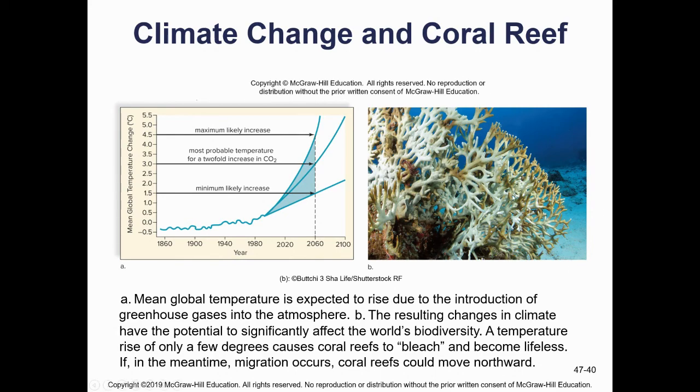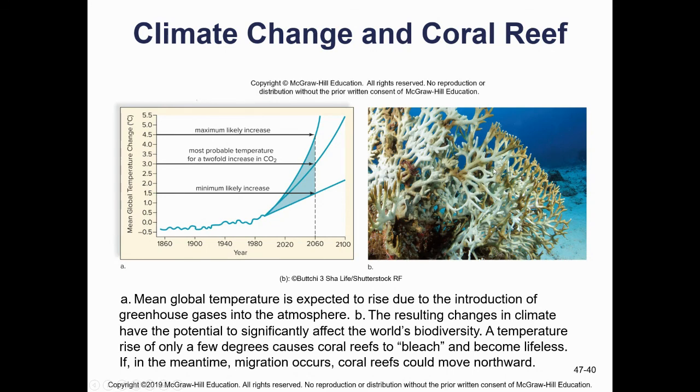When ocean temperatures rise, the zooxanthellae, those algae that live inside the coral and provide them with nutrients and oxygen, leave. We call this coral bleaching because when those zooxanthellae leave, what's left behind is this white coral skeleton. Coral is not dead yet, but it is much more susceptible to disease, and it struggles a lot more to survive.